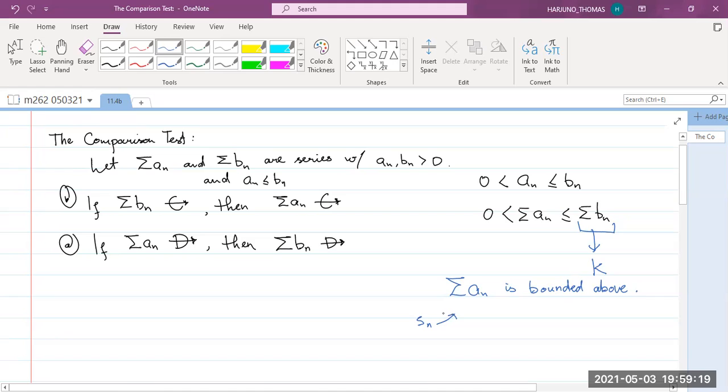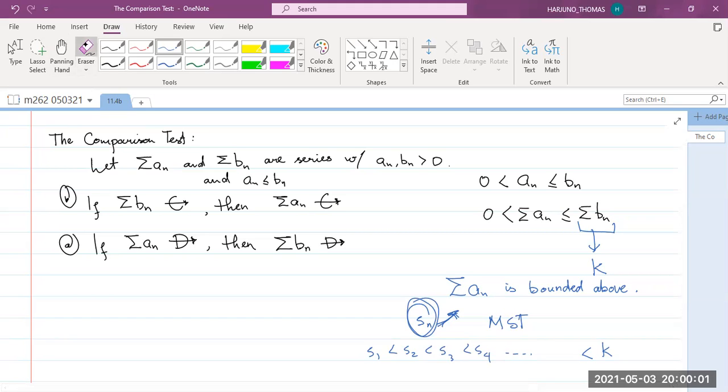Why? Because you keep on adding positive terms. The nth partial sums form an increasing sequence, so S1 is less than S2, less than S3, less than S4, and so on and so forth. But at the same time, it will be bounded above by k. So by the monotonic sequence theorem, the sequence of the series will be convergent. That's the reasoning.